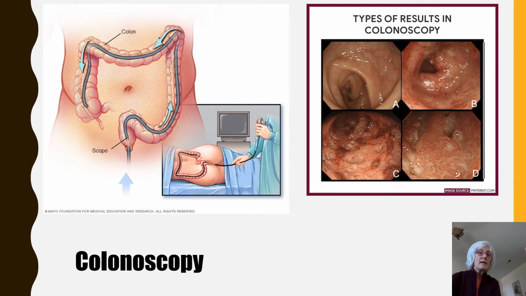On the right-hand side, there are a couple of images that the camera on this tube has taken. In panel A, that is what a normal colon mucosa would look like. In panel B, we see a little bit of inflammation, so there's some redness and maybe a little bit of bleeding. This might be indicative of an inflammatory bowel disease like Crohn's disease or ulcerative colitis. In panel C, we see some weird-looking pockets, and those pockets are diverticula.